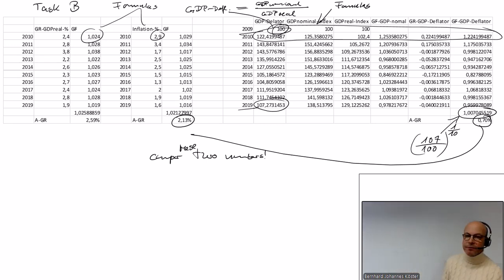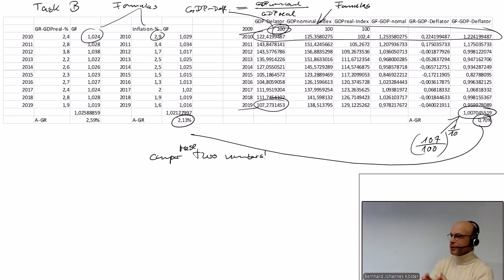Well, and for this, I want you to maybe look it up in your lecture slides, or you already know it. Well, the inflation rate was measured via this consumer basket, the average consumer basket. So it focuses on the sector of the private households.